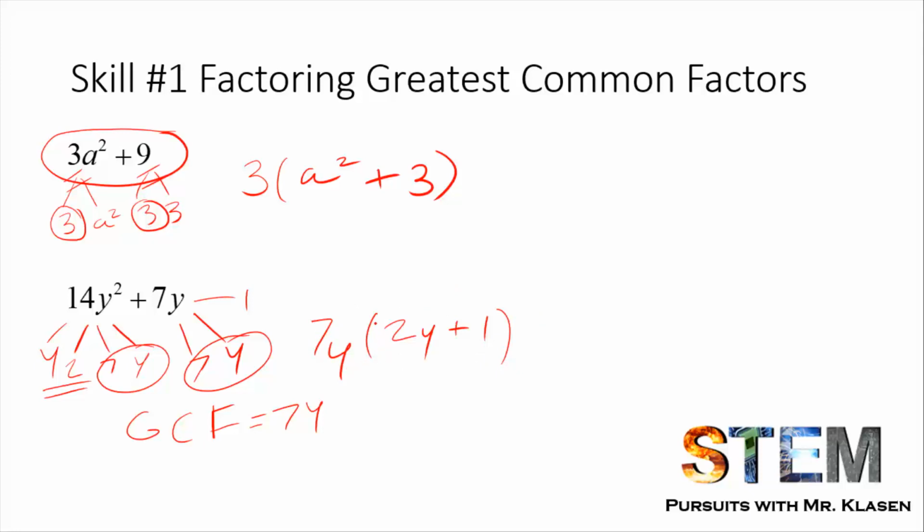When we factor something, we're never changing the value of the expression. If you want to check that you did this right, it's very easy: you distribute the 7y back into the factored expression, and as long as you get the original 14y squared plus 7y back, you know you factored it correctly.